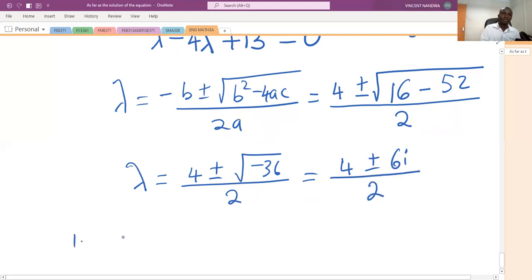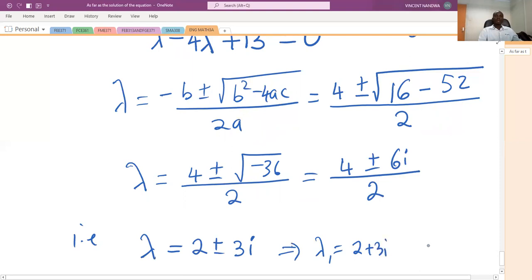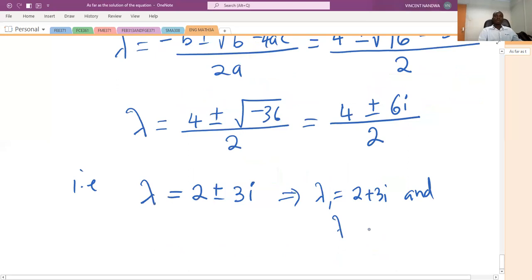So therefore, our lambda is 2 plus or minus 3i. So those are the two values of lambda, which means that you can say lambda 1 is 2 plus 3i, and lambda 2 is given by 2 minus 3i.